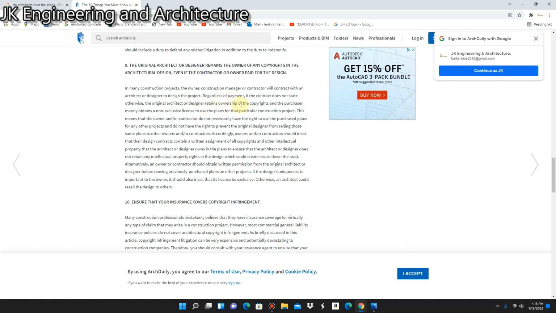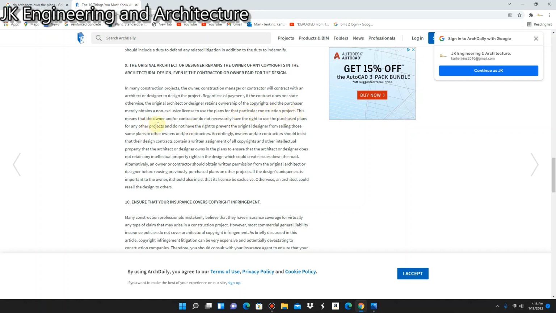Regardless of payment, if the contract does not state otherwise, the original architect or designer retains ownership of the copyright, and the purchaser merely obtains a non-exclusive license to use the plans for that particular construction project.